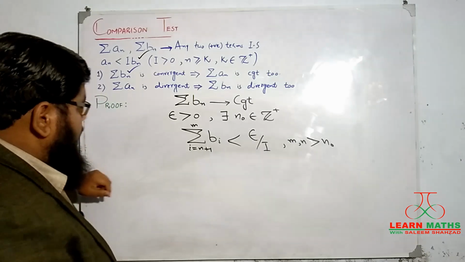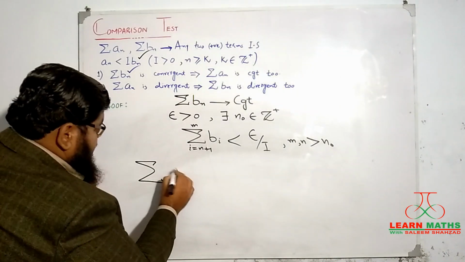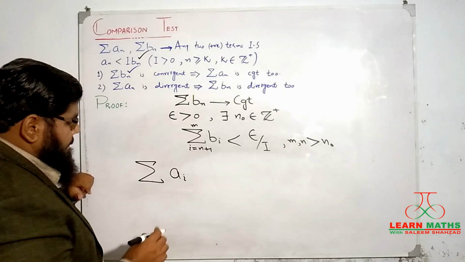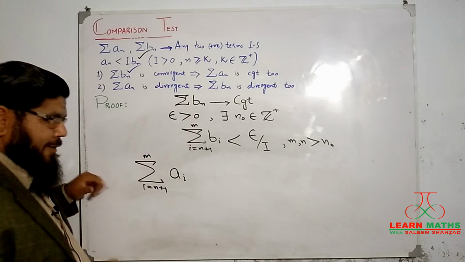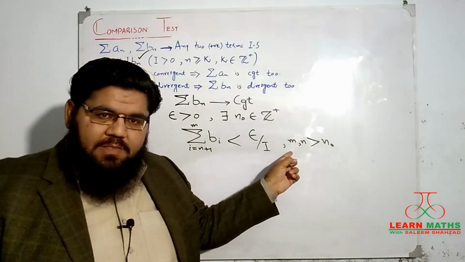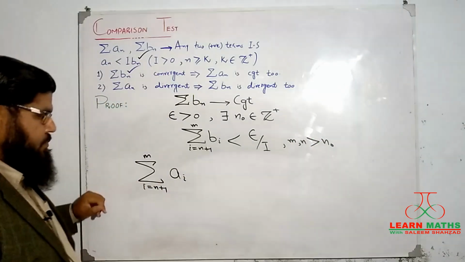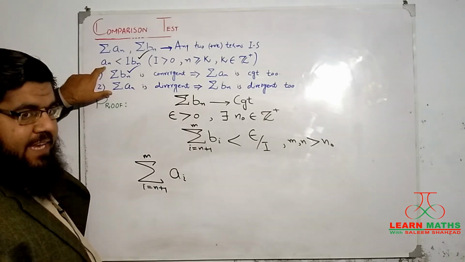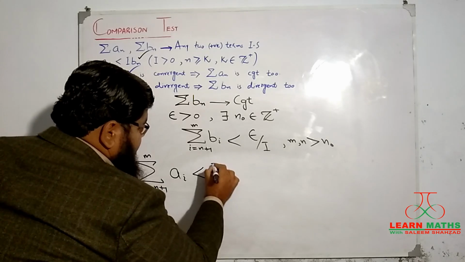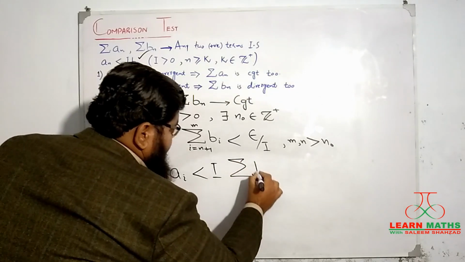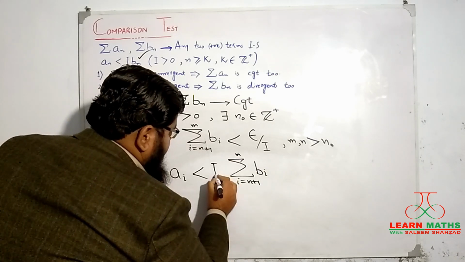So let's see whether it will satisfy the condition of the general principle of convergence of series. We are going to take the same sum of ai, where i runs from n plus 1 to m, where n and m are the same, greater than n naught in this case as well. Now, by using the relation an is less than l times bn, can I write this as l times summation bi, where i runs from n plus 1 to m.